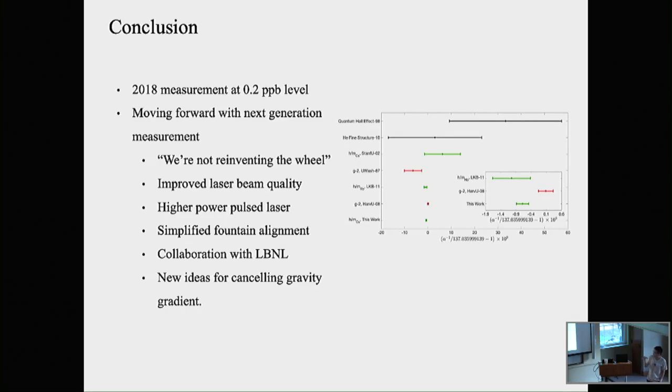We are going to have an improved laser beam, a high power pulsed laser system, and a new vacuum chamber. We also have excellent engineers and scientists from LBNL to help us. And we have the OSCI geometry to cancel the gravity gradient.